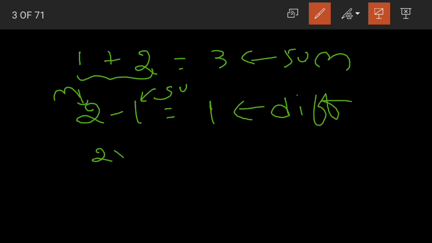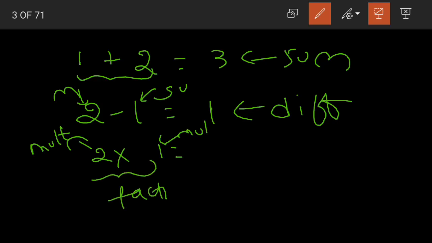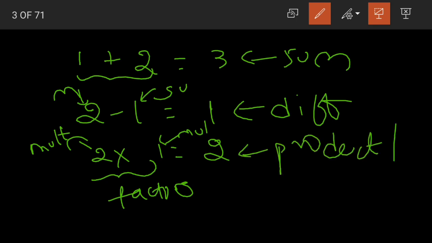And when we are multiplying, one number is called the multiplier and the other is called the multiplicand, or these two are called factors as well. And the answer is called the product, or it can be called a multiple as well. 2 and 1 become the factors and 2 becomes the multiple.